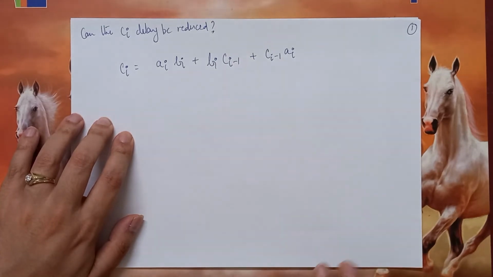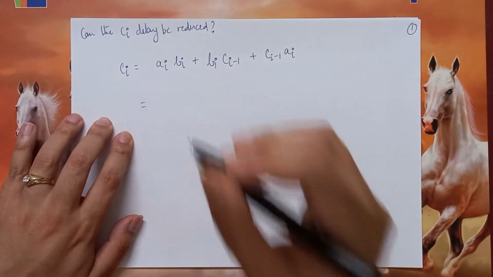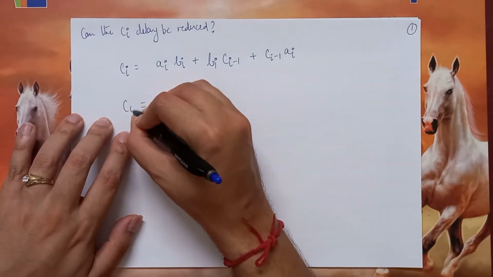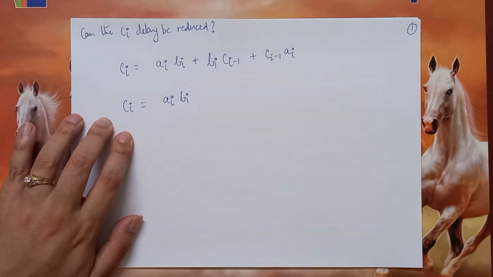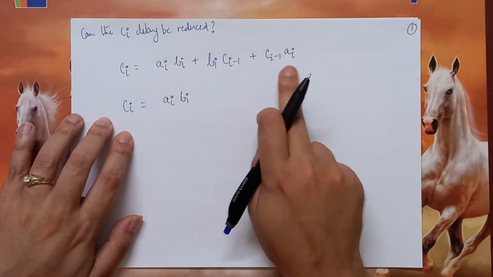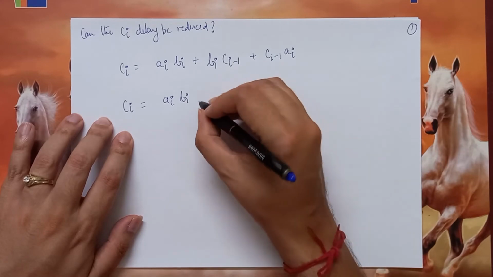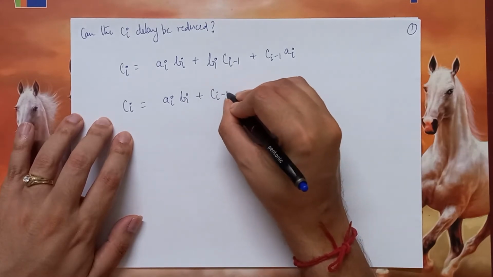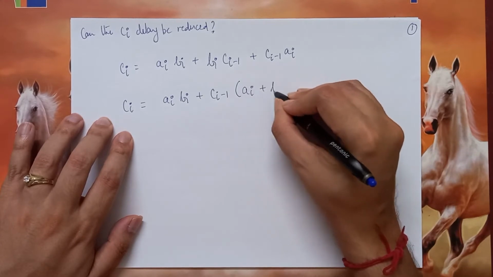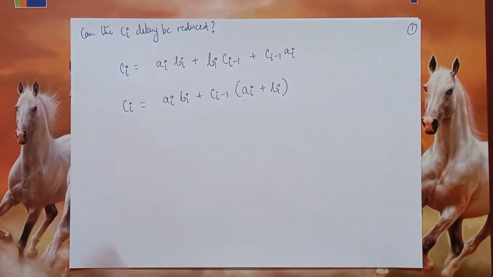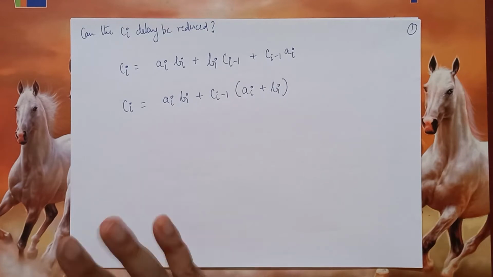We can just rearrange some of these terms and show that this Ci is actually ai times bi, and now in the second and third term I will take Ci minus 1 as common, and in bracket I will get ai plus bi. This is what is there.